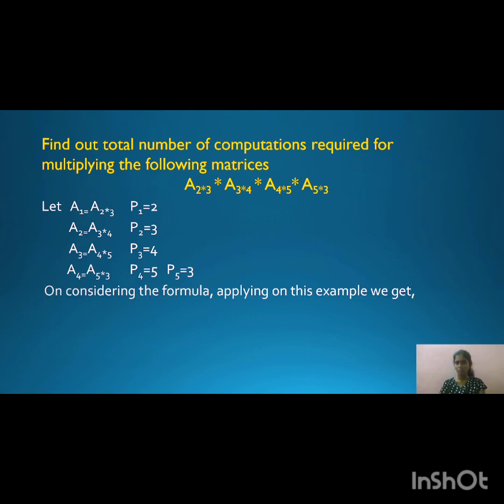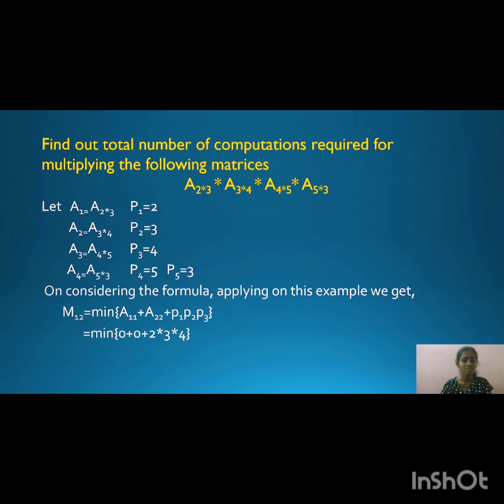On considering the previous formula, we get Mij, where we substitute i is equal to 1 and j is equal to 2. Minimum of M11 plus M22 plus P1, P2, P3.